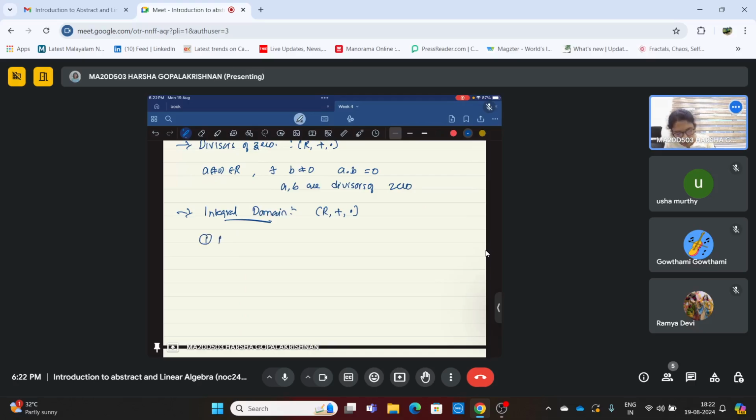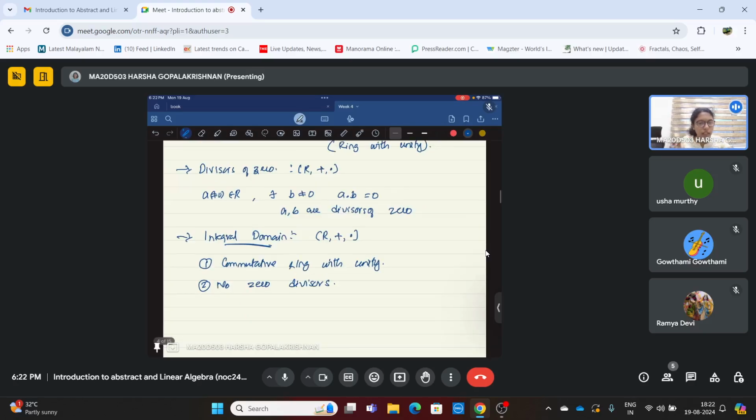And second, it has no zero divisors. What does that mean?